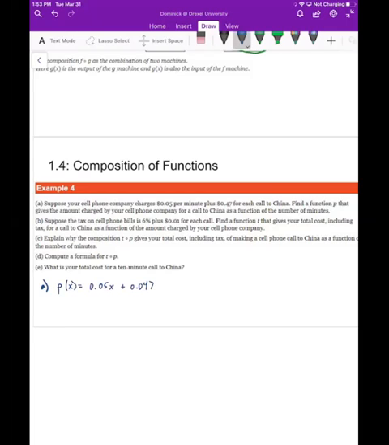Okay. Now in part B, they want a function, so they're supposing that tax on cell phone bills is 6% plus 1 cent for each call. So we want to find a function T that gives your total cost, including tax, for a call to China as a function of the amount charged by your cell phone company. So of course we want T of X. All right. So now of course this is the total cost, including tax, right?